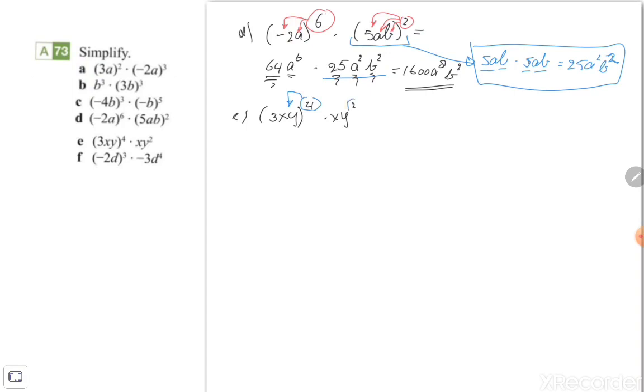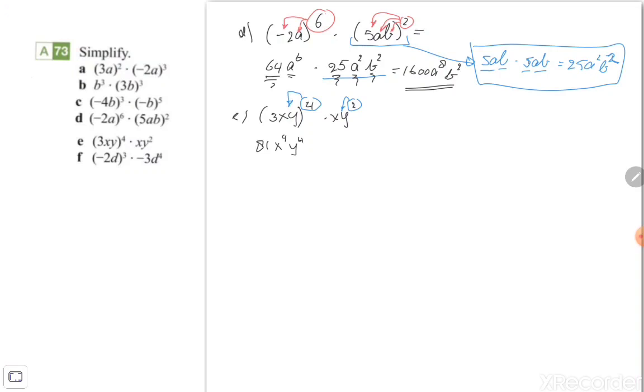And if we look at the 2, it belongs only to the y. So not to the x, because xy is not inside the bracket. Alright, so 3 to the power of 4 is 81. X to the power of 4 is x to the power of 4. And then y to the power of 4 is just y to the power of 4.